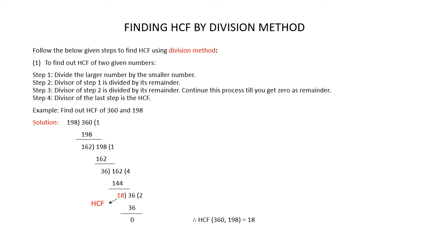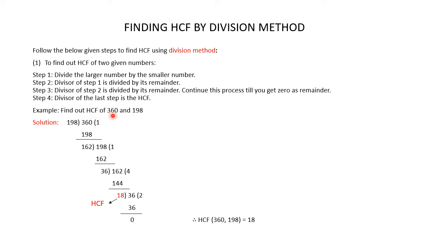In step 3, the divisor of step 2 is divided by its remainder. You can continue this process till you get 0 as the remainder. Step 4, divisor of the last step is the HCF. Now let's understand this with an example.